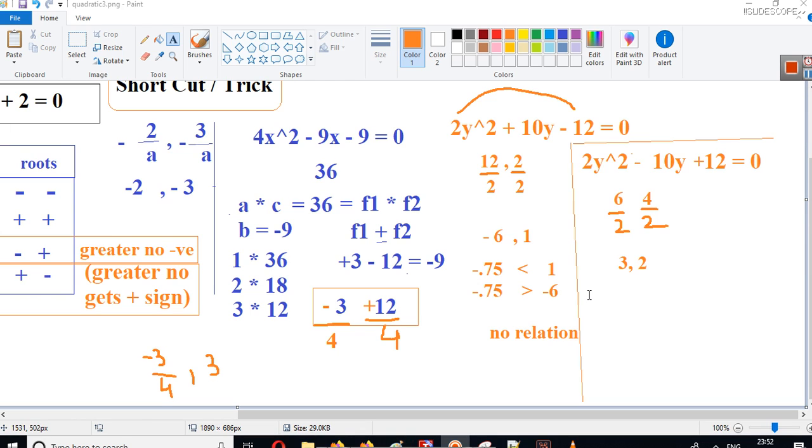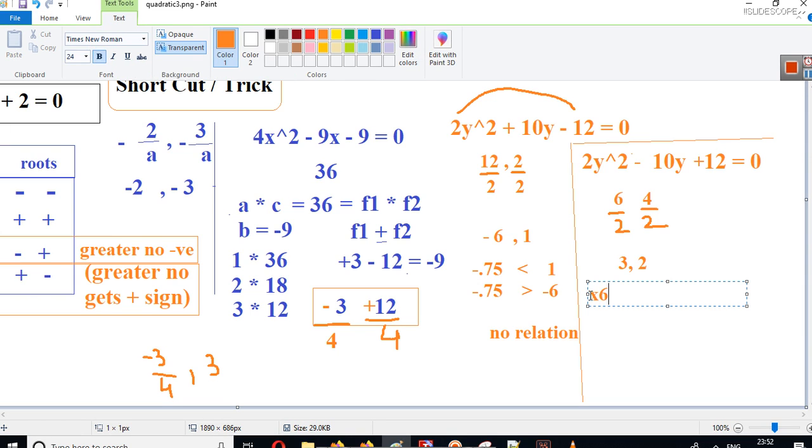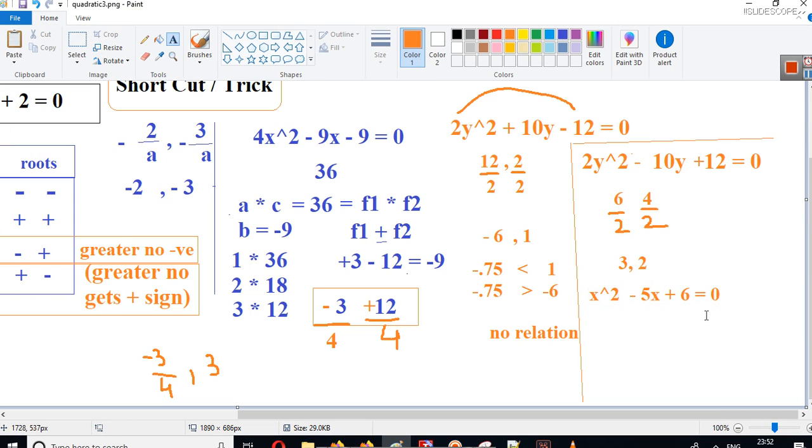and the example is x square minus 5x plus 6 is equal to 0. Now in this case you can see it is 6 here, because first you have to multiply the coefficient of x square with the coefficient of x to the power 0, or c with a.